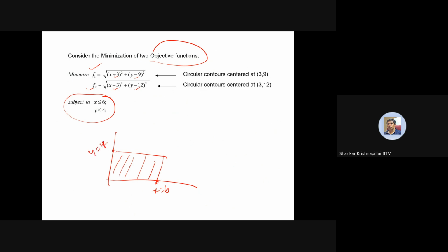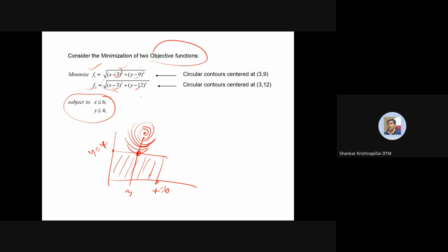This is the feasible region, and we have to draw the contours of the two objective functions. So these are contours which start from a circle centered at (3, 9). It will touch here.